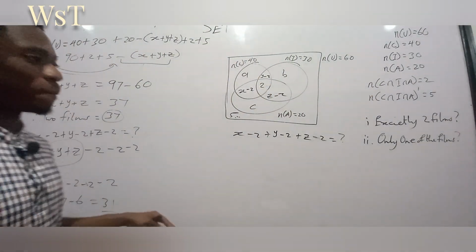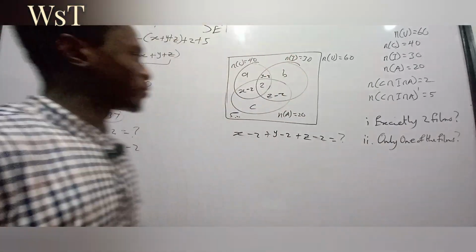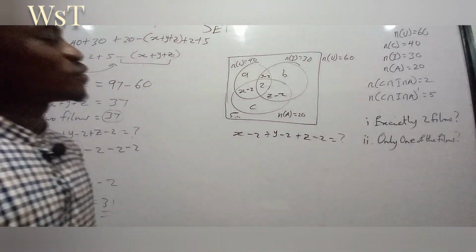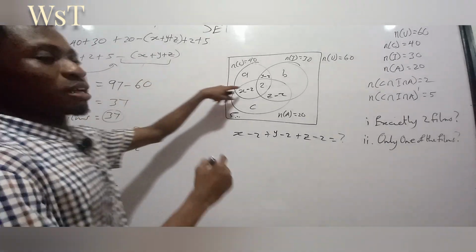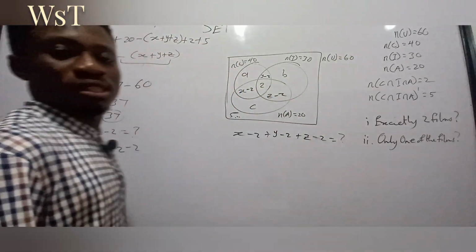Then we come here. Only one of the film. So for only one of the film, we use the first procedure we used. Everything here is equal to 60.